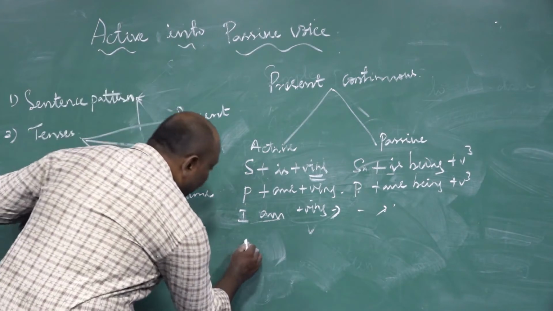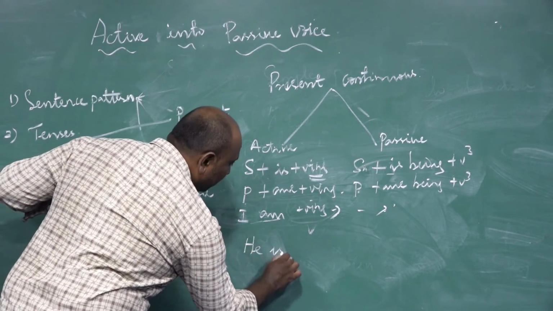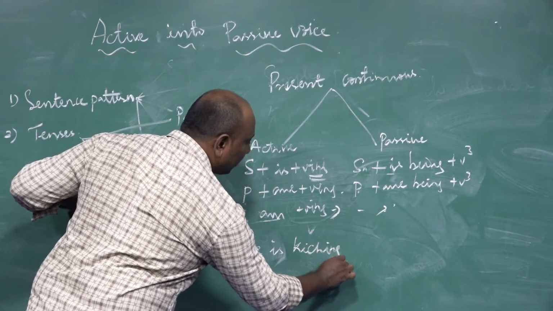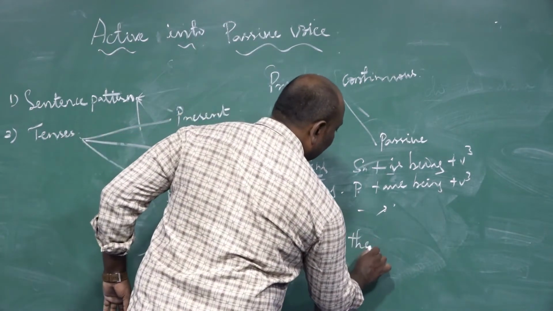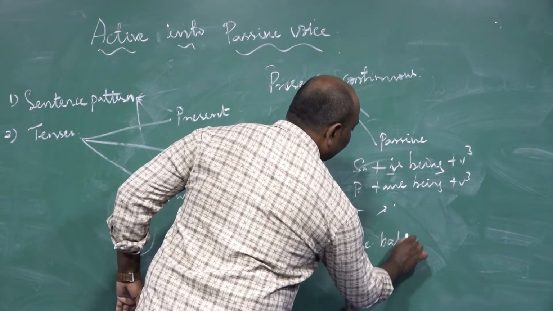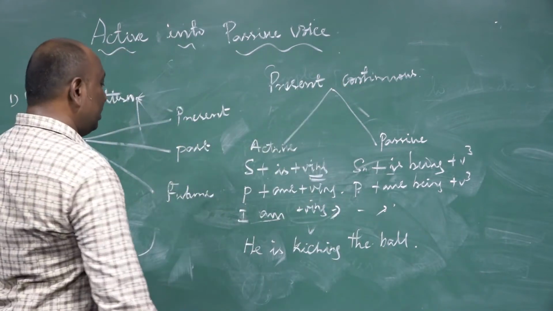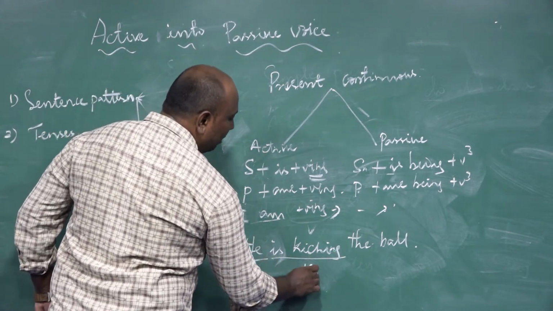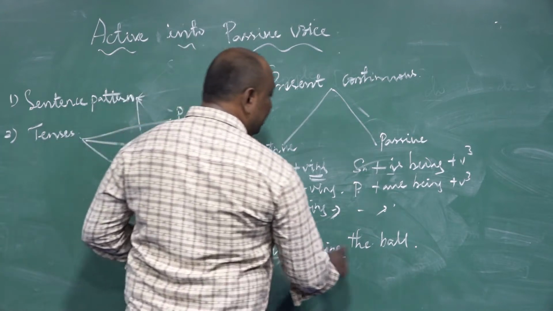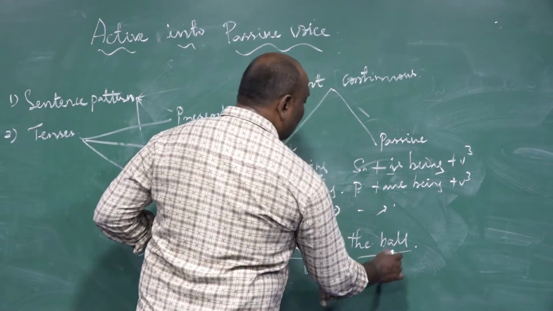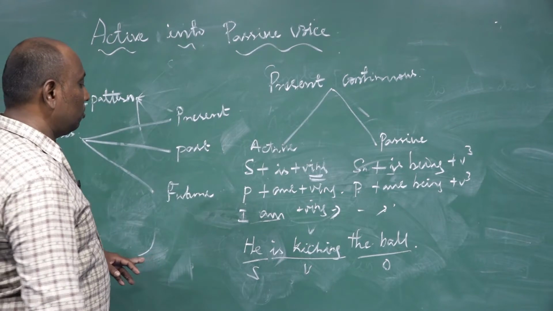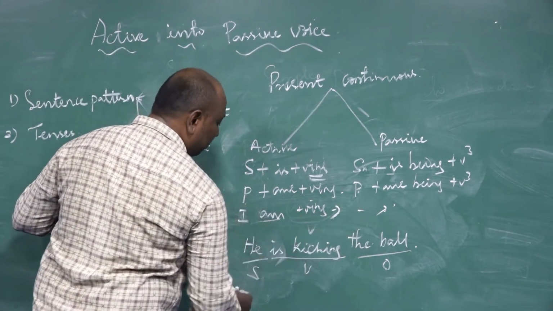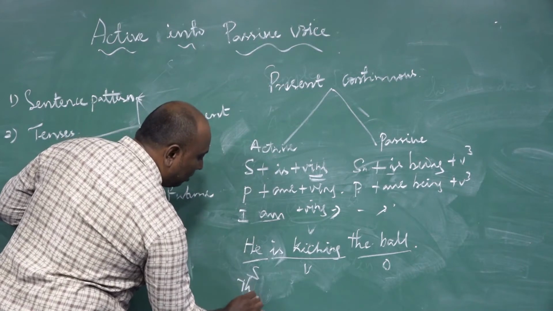So an example: he is kicking the ball. "He" is the subject, "is" plus verb plus ing is the verb, and "the ball" is the object. The object has to come into the subject place, and the subject should go into the object place. So the ball will come here.